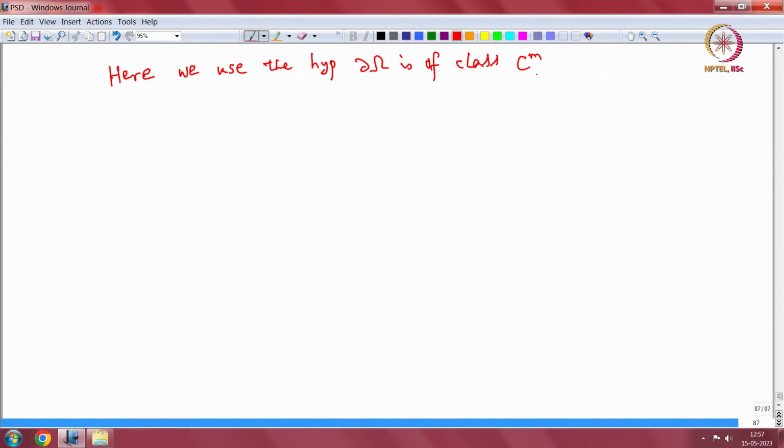And we also use the extension theorems we have already done for rectangular parallelepiped and cube. Okay. So, let J be in del omega. So, let me draw some picture. So, what we are doing will become clear.